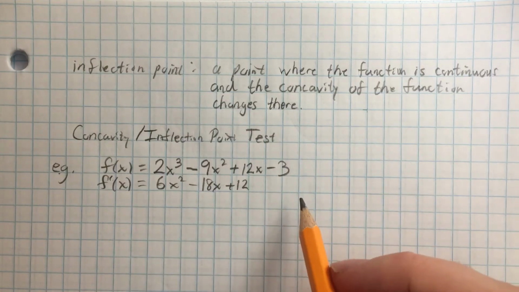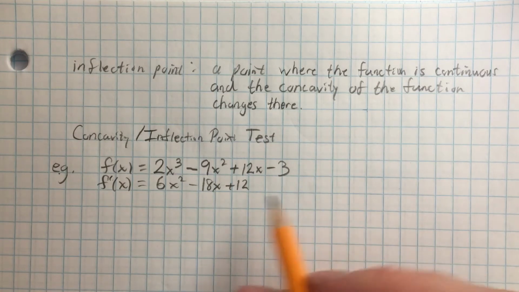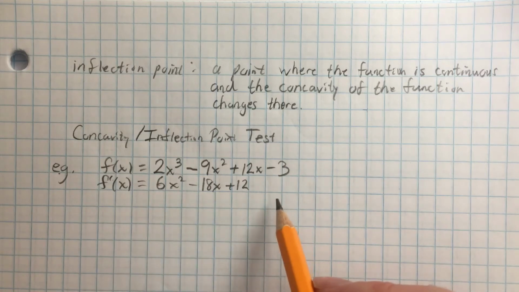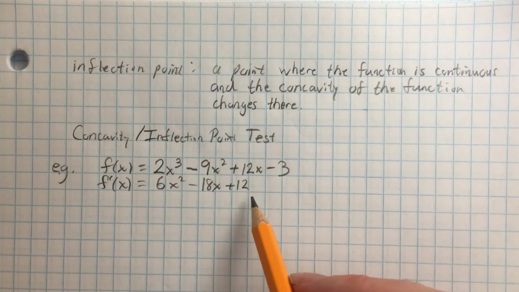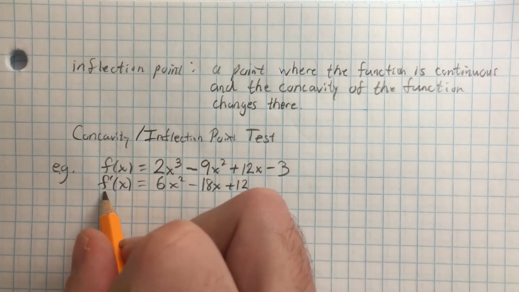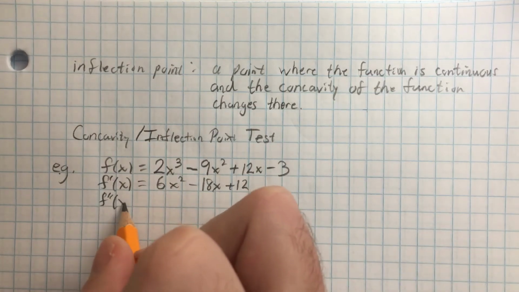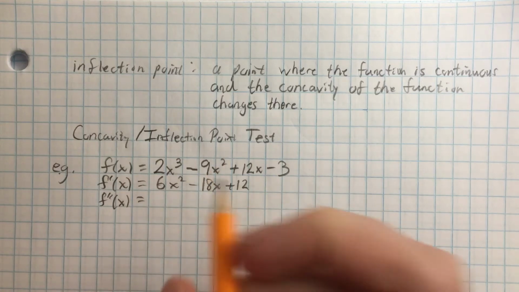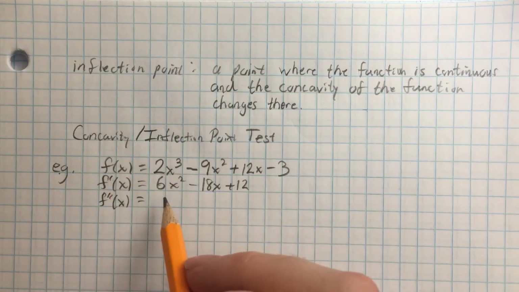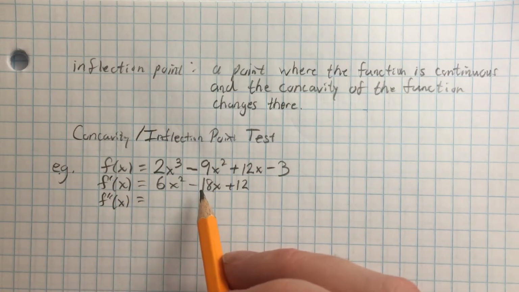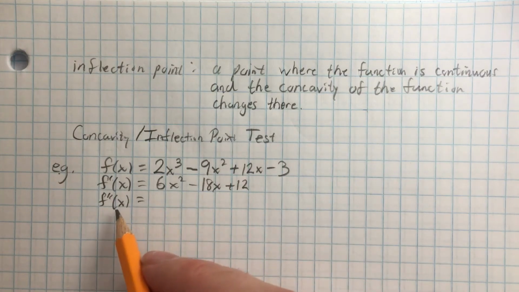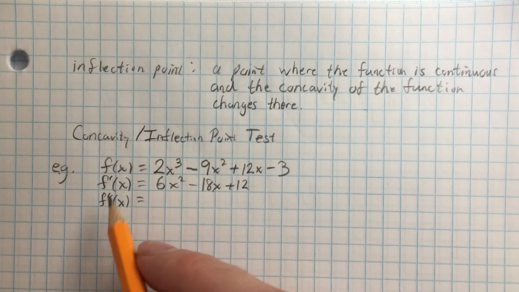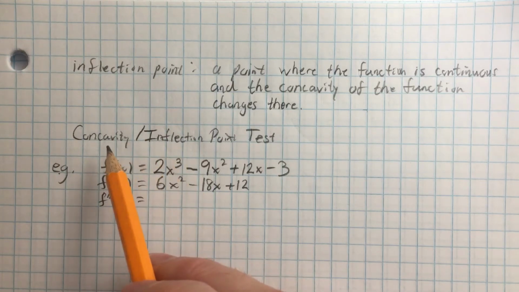I would do that, as we saw before, so I could find where the first derivative was positive or negative. And that tells me the function is increasing or decreasing. Okay? I'm going to do the exact same thing now with the second derivative instead, and that will tell me where the function is concave up or concave down. So it's the exact same process I'm going to go through. I'm going to make a sign chart and everything. The exact same process, but I'm applying this process to the second derivative to get information about concavity instead of information about increasing, decreasing.